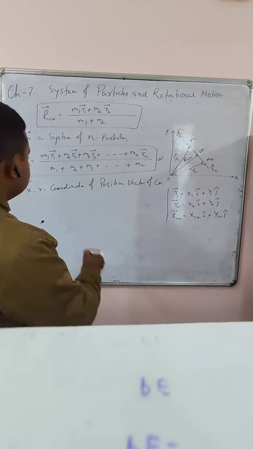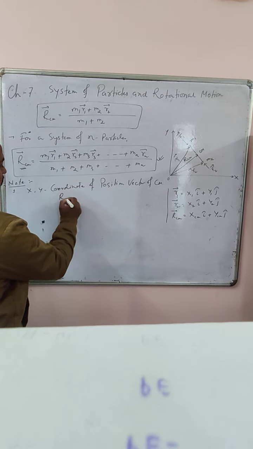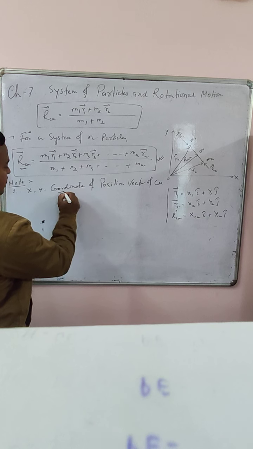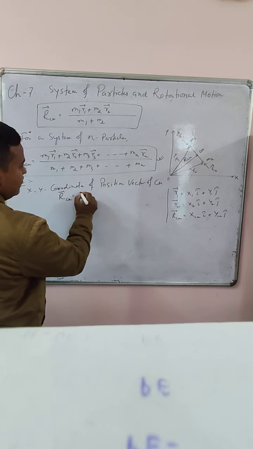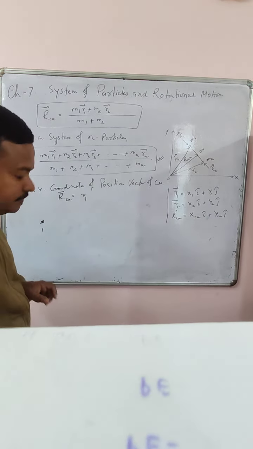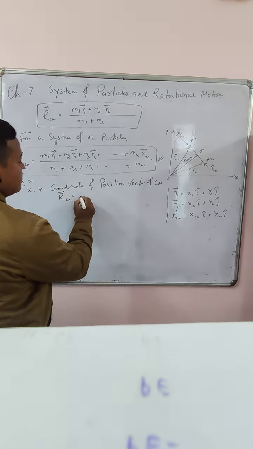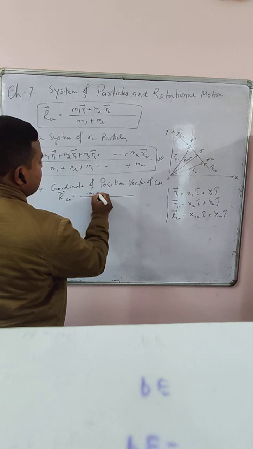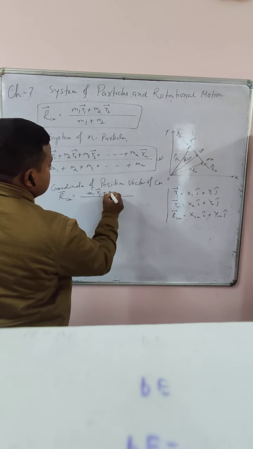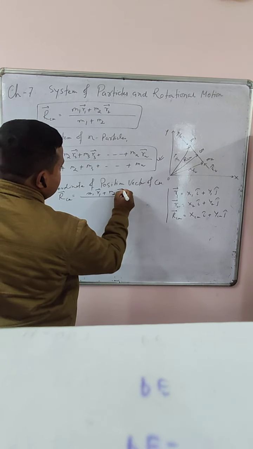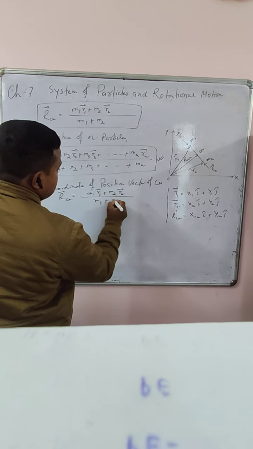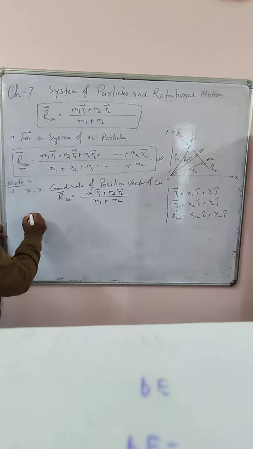Now just apply the relation RCM equals m1 r1 plus m2 r2 by m1 plus m2. Now here you just put the values.